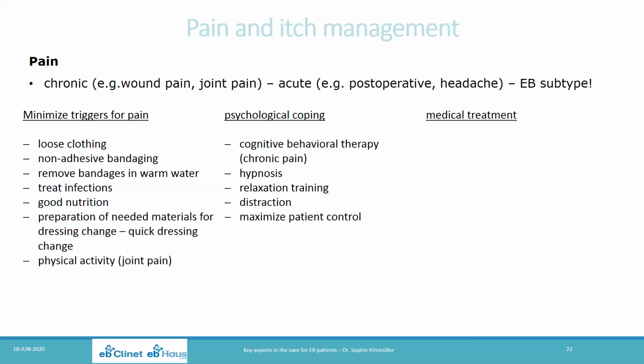So this is something where patients should get psychological advice in how to deal with this situation, with the thoughts that are coming up. Some patients also reported that hypnosis helped them a lot to deal with their pain.